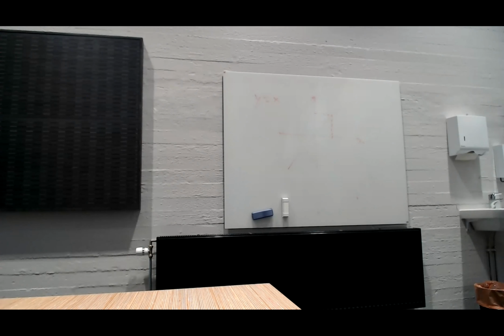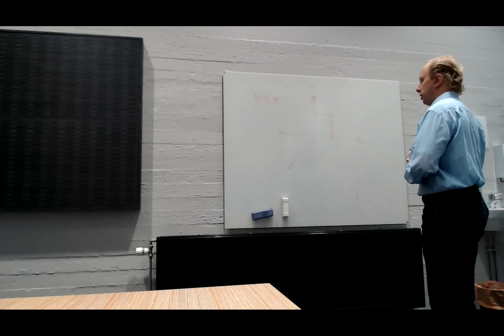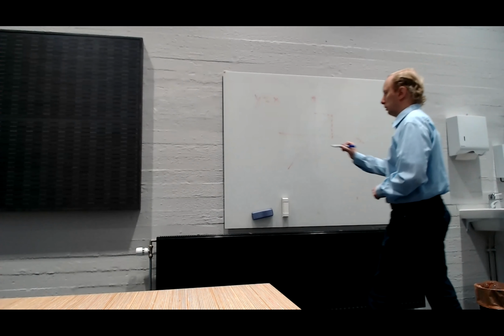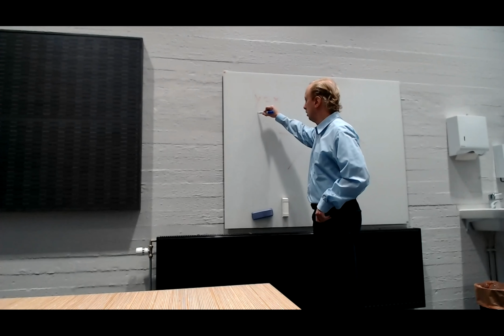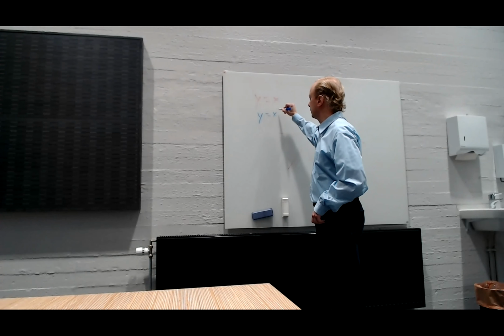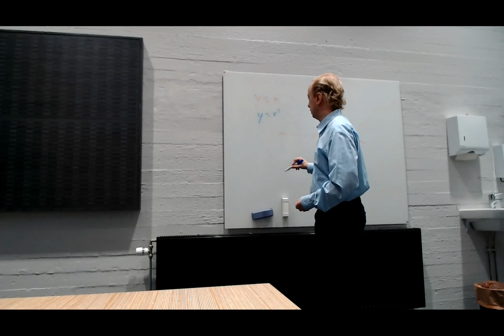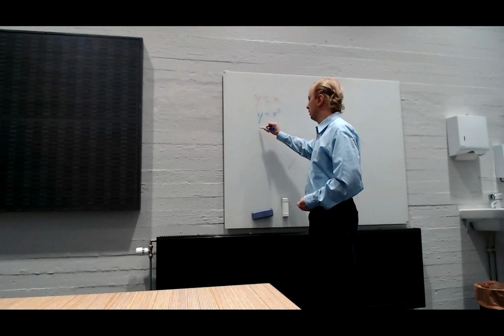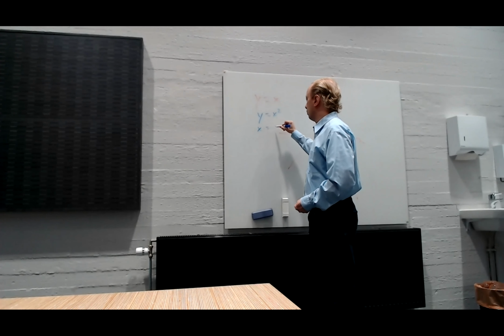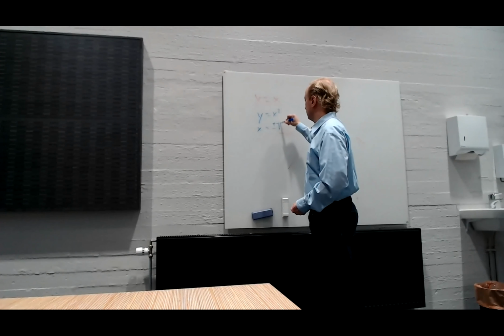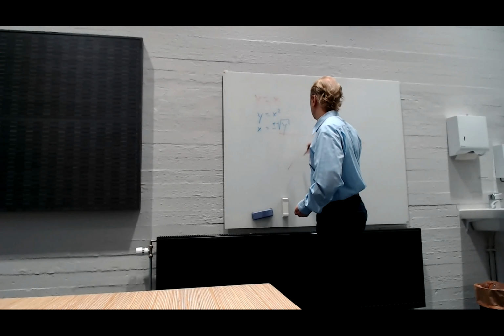And so what we now have on the board is one function that does have a clearly defined inverse function. But if we consider y equals x squared, then we would have x equals plus minus square root of y.